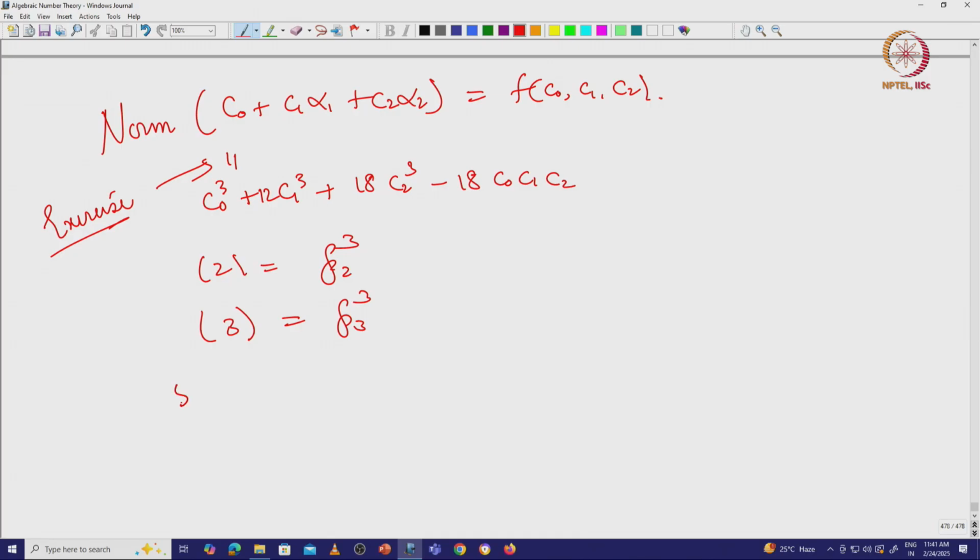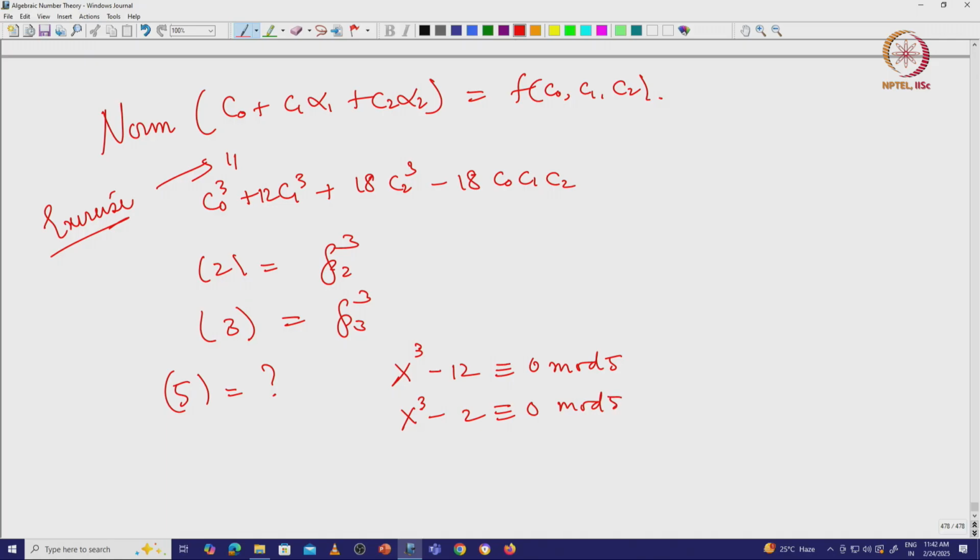The ideal generated by 5, what is this? Well, I just look at x cubed minus 12 congruent to 0 mod 5. So, this is x cubed minus 2 congruent to 0 mod 5.